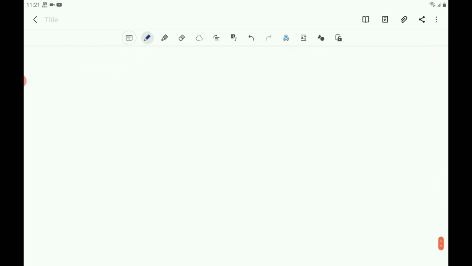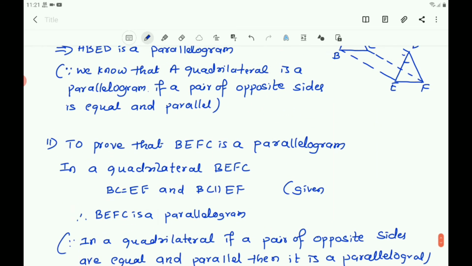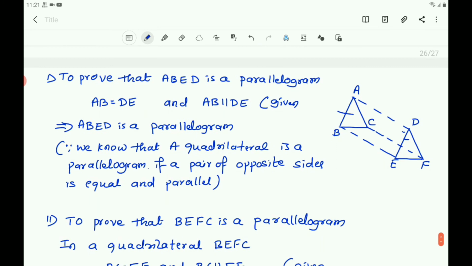Next one, what you have to prove? Third one, you have to show that AD parallel to CF and also AD equals CF.